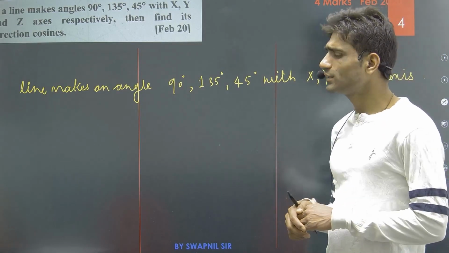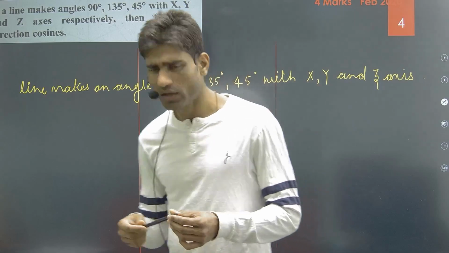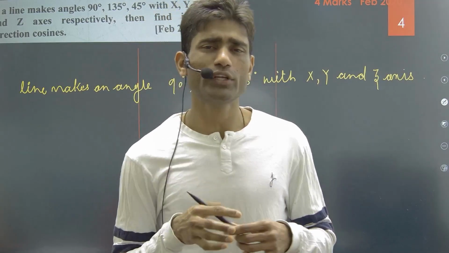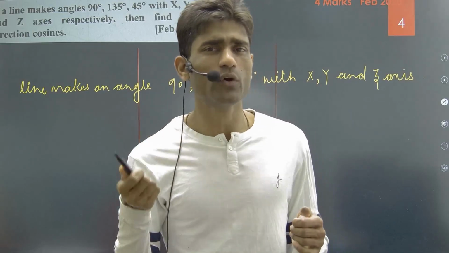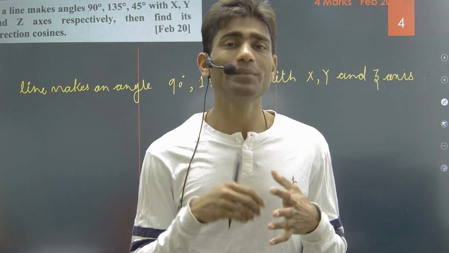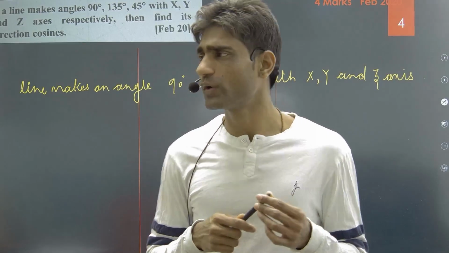For finding the direction cosines of the angle, we have to find out the values for cos alpha, cos beta, cos gamma, which are the different direction cosines for the angle.